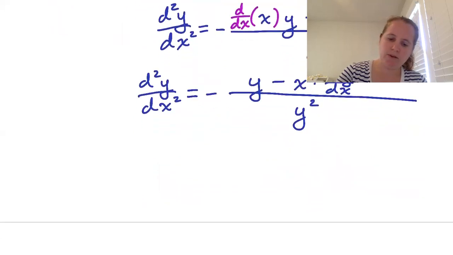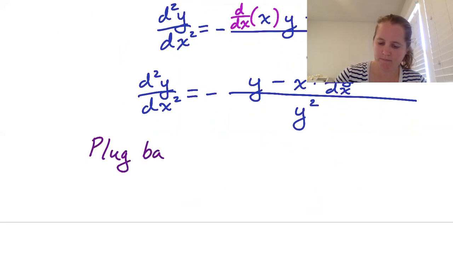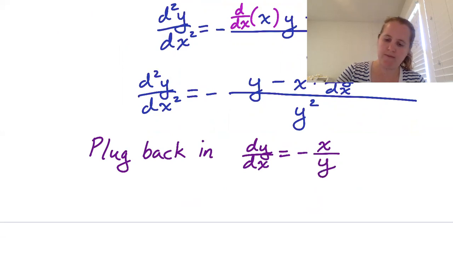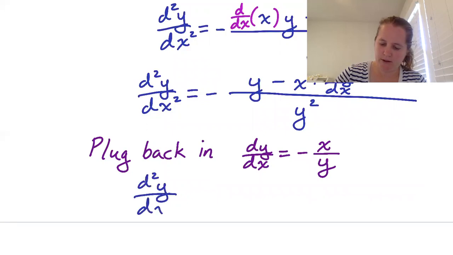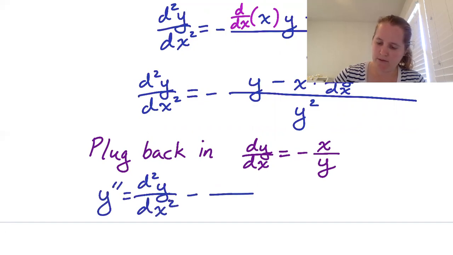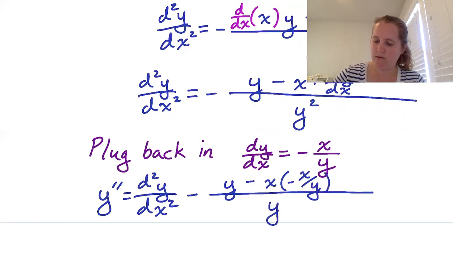At this point, we're going to plug back in the fact that we know dy dx is equal to negative x over y. So we have d squared y over dx squared, otherwise known as y double prime, is equal to negative y minus x times negative x over y, all over y squared.